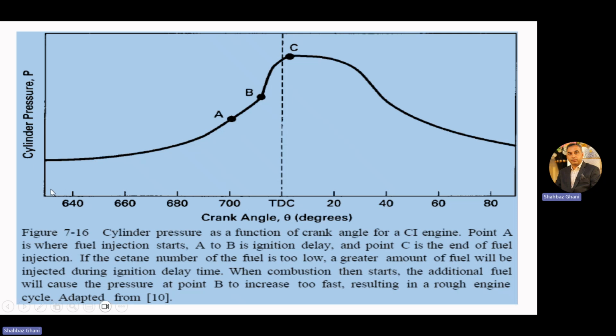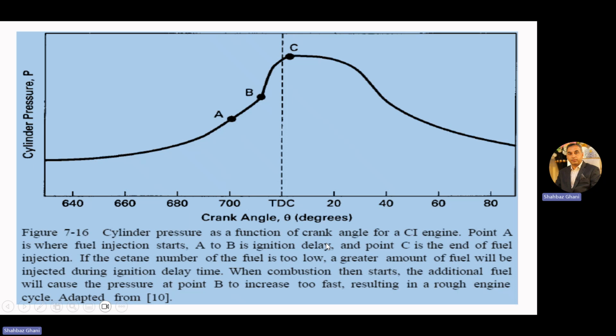This is your compression stroke. Piston is moving from BDC to TDC and compressing the air-fuel mixture, generating high compressive heating. So temperature is high, pressure is high. 15 degrees before TDC at point A, your fuel injectors start injecting.